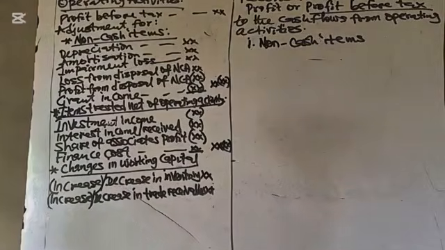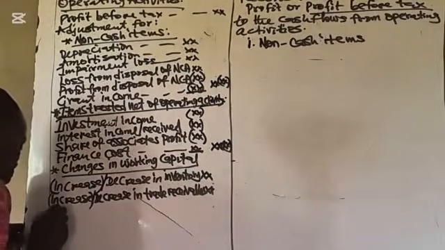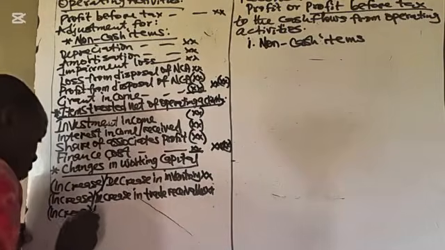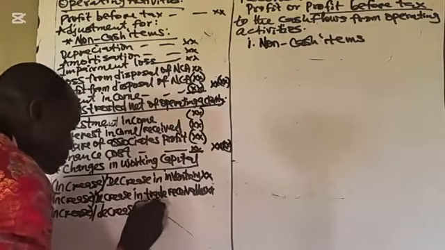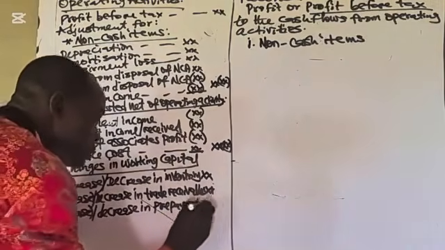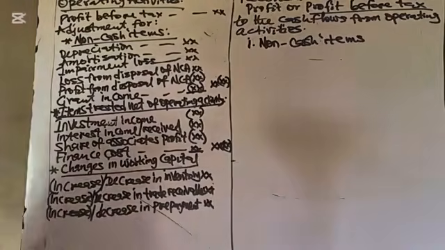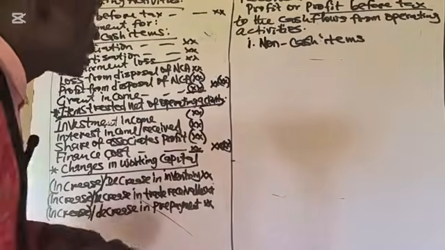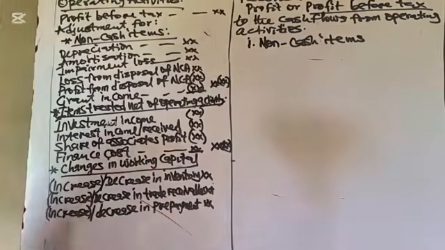Increase, minus, and still on current assets, increase or decrease in prepayment. Increase minus, decrease plus, because these are assets. After this asset, you don't consider cash. I've told you anything that is cash or cash equivalent should be excluded.